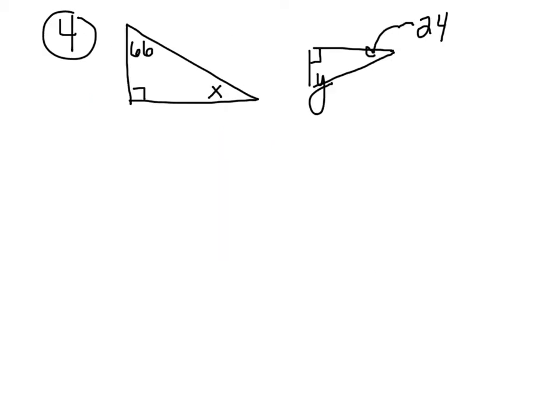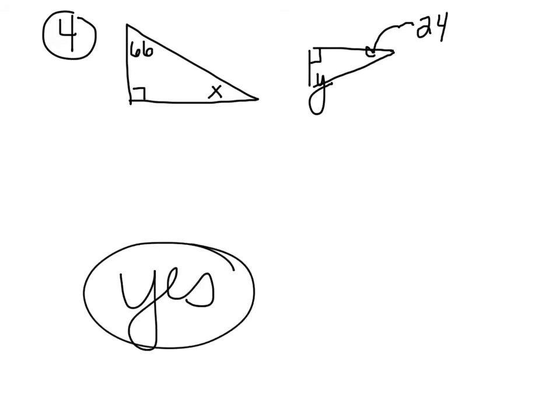I want you to pause the video and do number 4 on your own. Now if you did it correctly, yes, these are similar because you have to find the missing angle. So we add 66 and 90 and subtract that from 180.